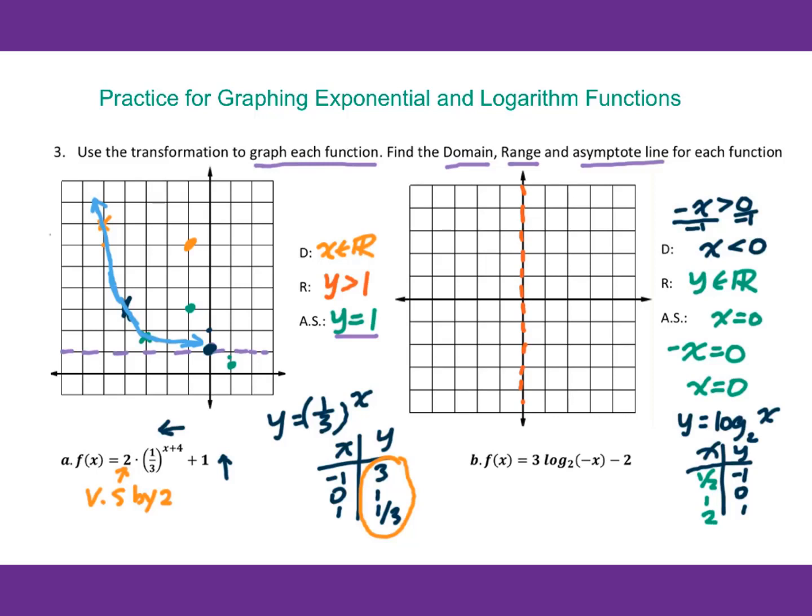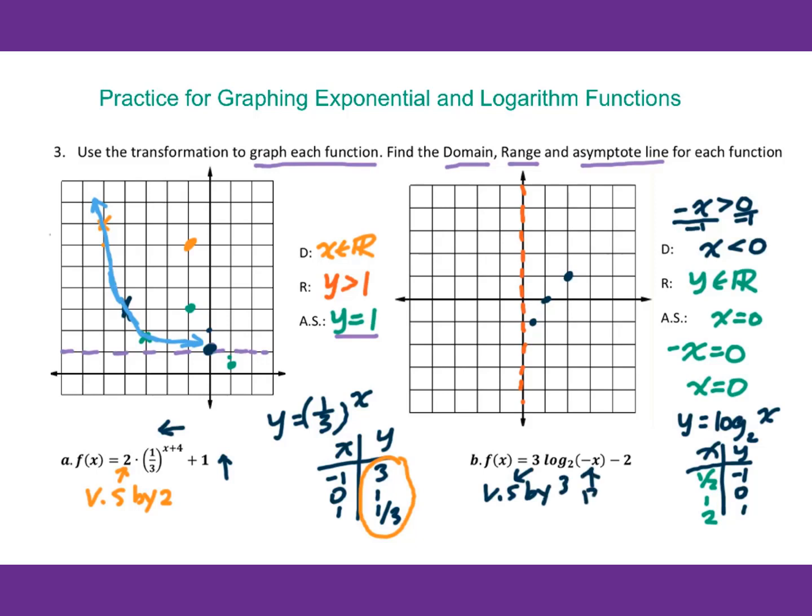You got 1/2, negative 1; 1, 0; 2, 1. That's the parallel graph. So for each point, we have to do vertically stretched by a factor of 3.